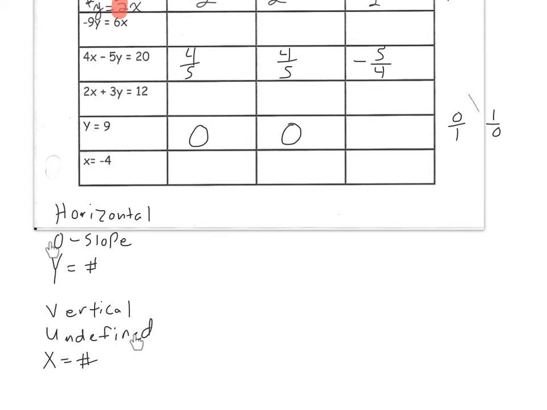So I'm going to go from a 0 slope here to an undefined slope here. And there's no symbols or anything for undefined. And yes, I want you to write the whole word and don't be lazy. You people come up with horrible abbreviations for that word.